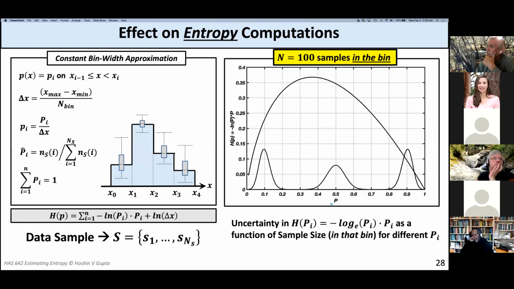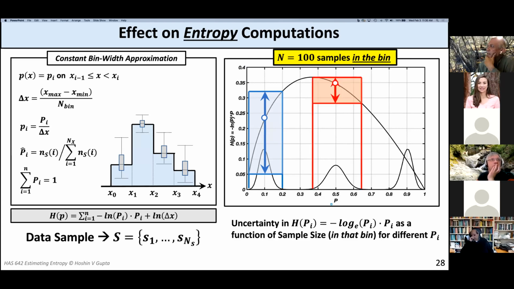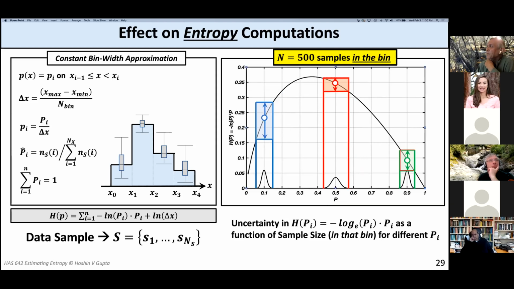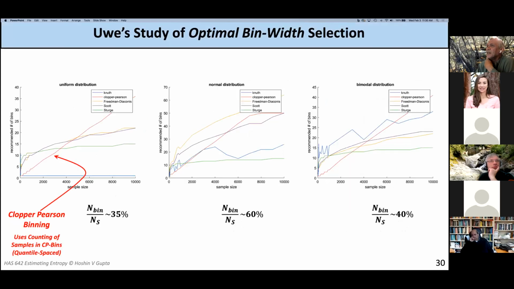And here I've got the probability uncertainties for 100 samples in a bin, which is still quite large. The uncertainty at p equal to 0.1 in entropy is quite large. It's a little smaller in the middle, and it's again quite large at the end. So these uncertainties in probabilities can convert into quite large uncertainties in entropy. And so that's for 500 samples, still fairly significant.